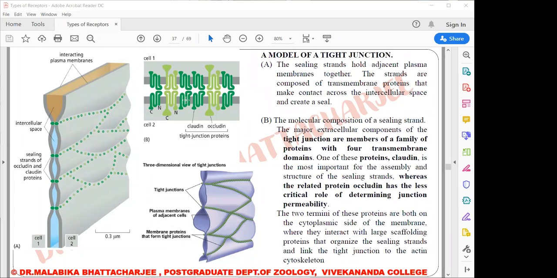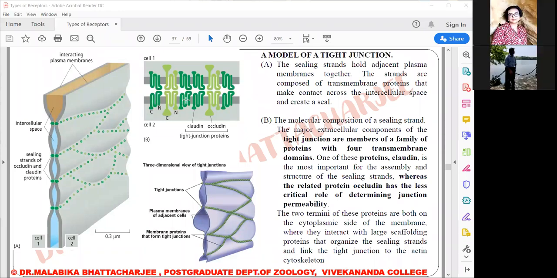For example, there is a claudin named claudin 16 found in kidney epithelial cells, which is required for the absorption of magnesium from the urine back into the blood. So they have certain definite functions. The functions vary from one epithelial cell to another. So that is the function of claudins.